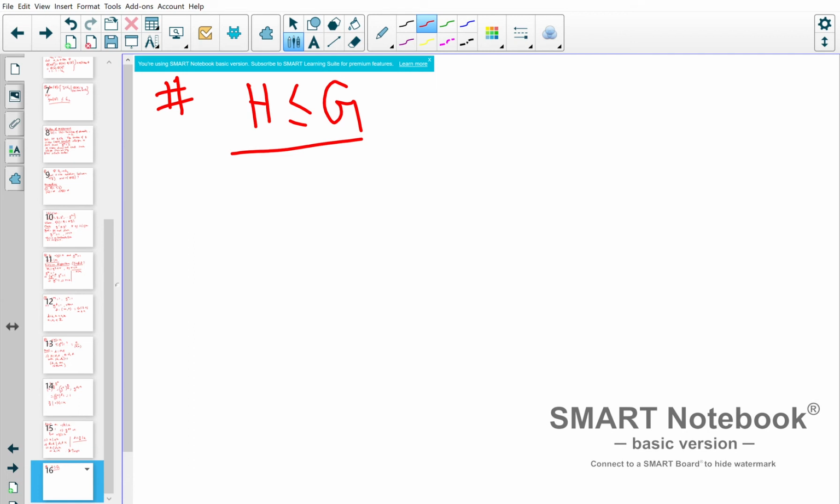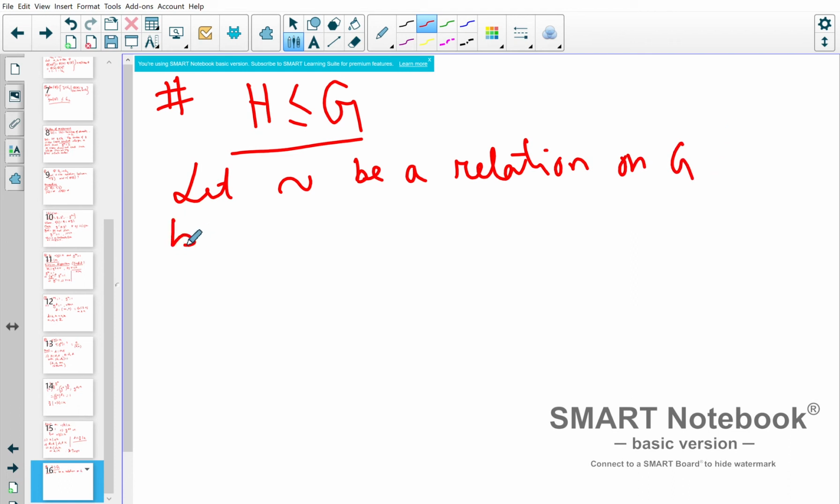So let me do some checking. Let tilde be a relation on G, defined by, so I am defining tilde. How am I defining tilde?